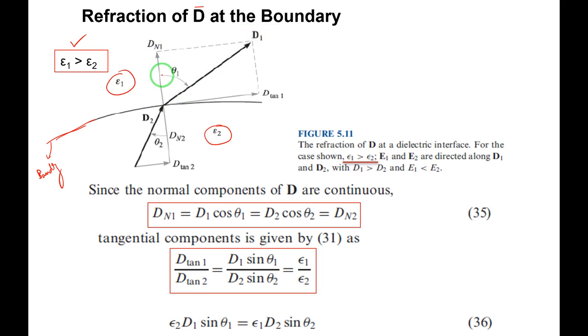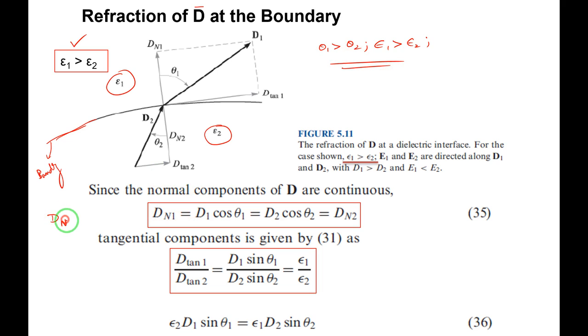So you can observe here theta 1 is larger than theta 2 because this is having the higher permittivity, right? So there is more refraction, since epsilon 1 is greater than epsilon 2. This you should have in mind. Is it fine? Okay.